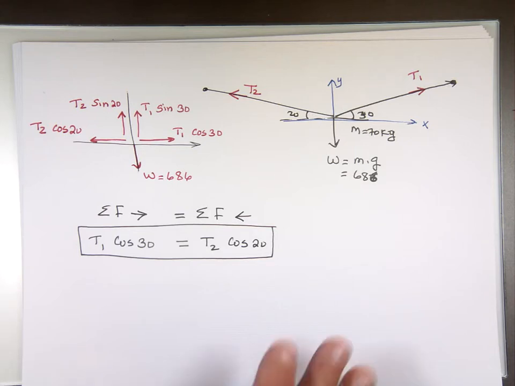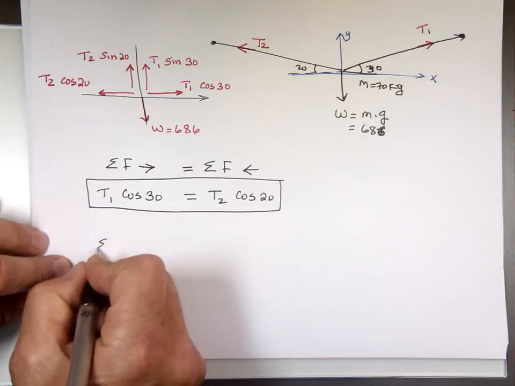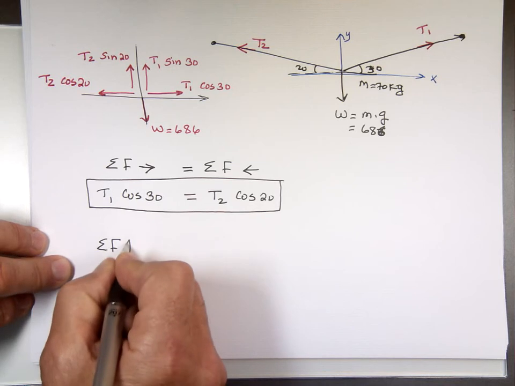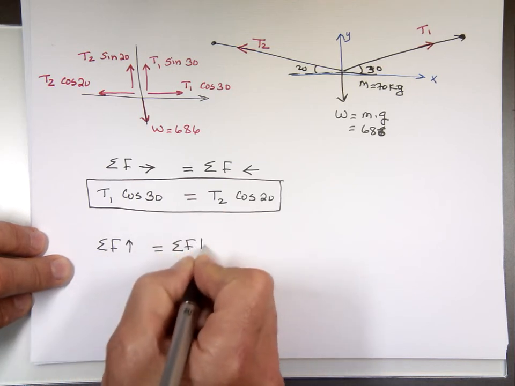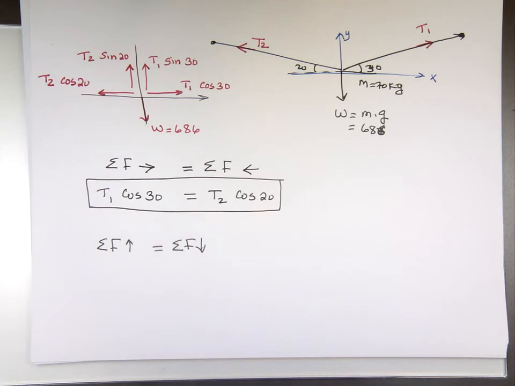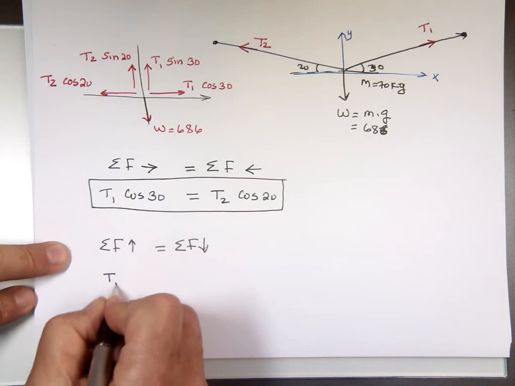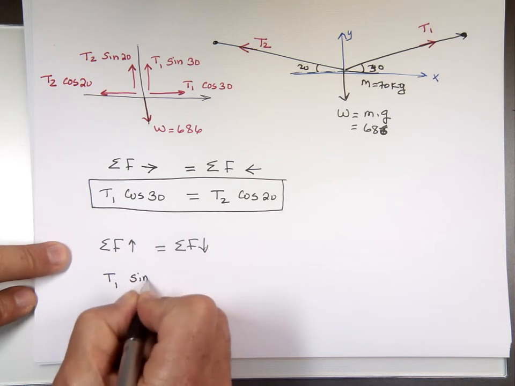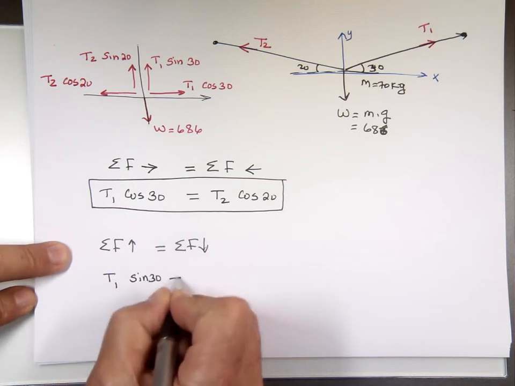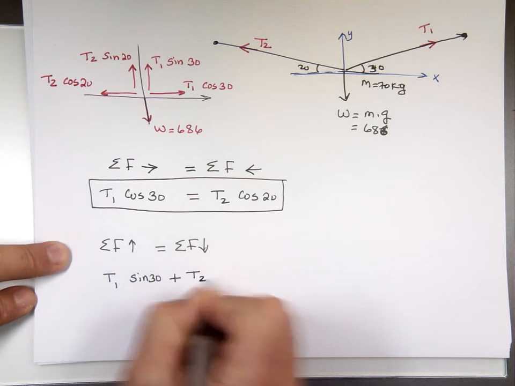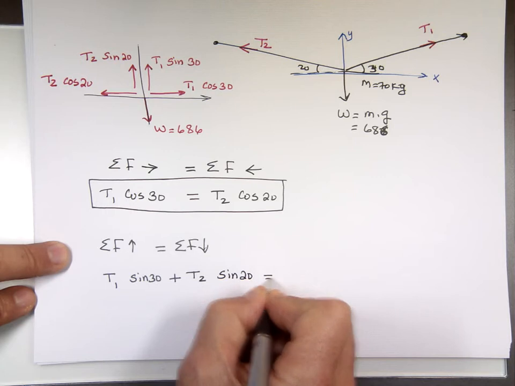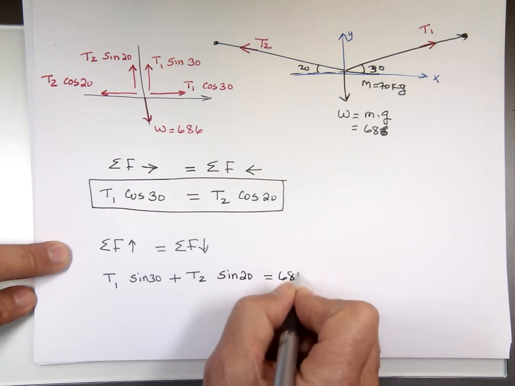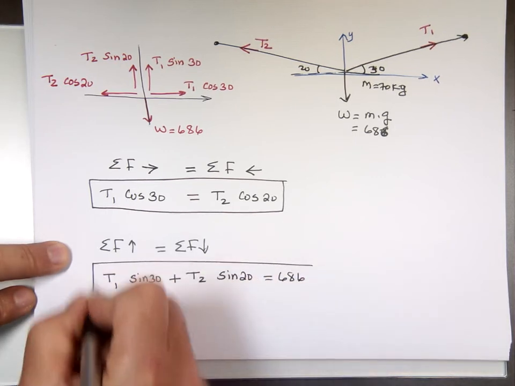Sum of the forces pointing upward, if you add them all, should equal the sum of the forces pointing down. What do we have pointing upward? T1 sine of 30 plus T2 sine 20 equals the weight, which is what? 686. That's my second equation.